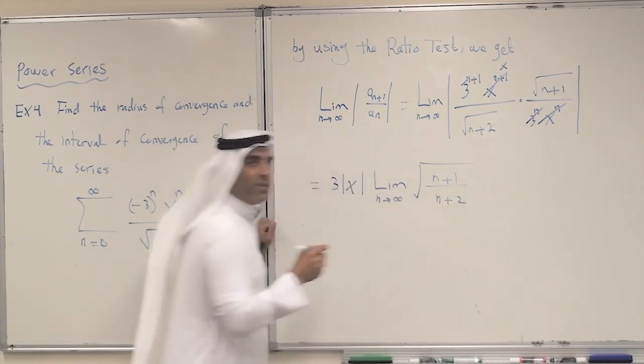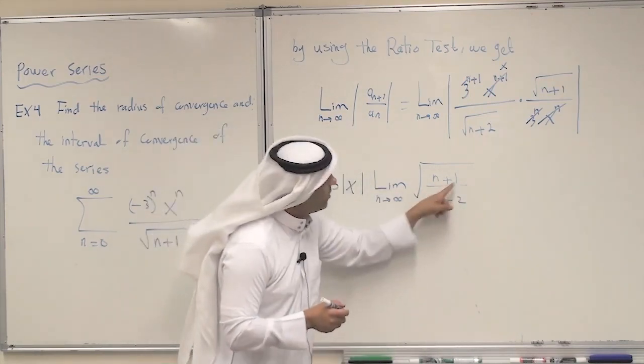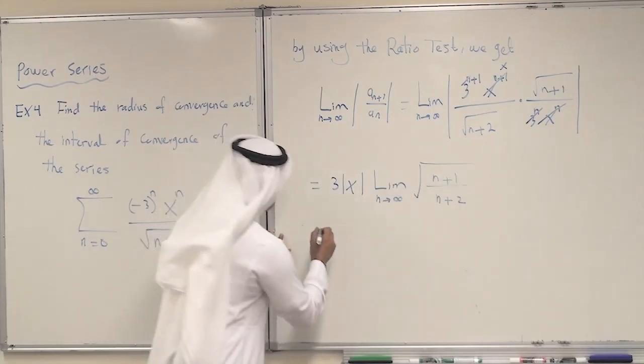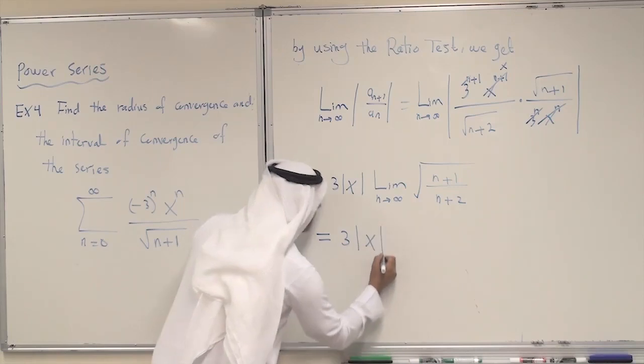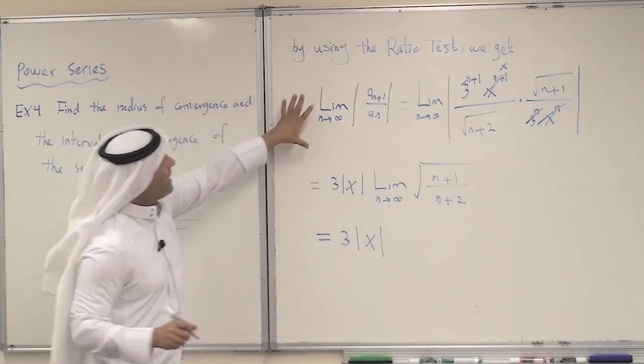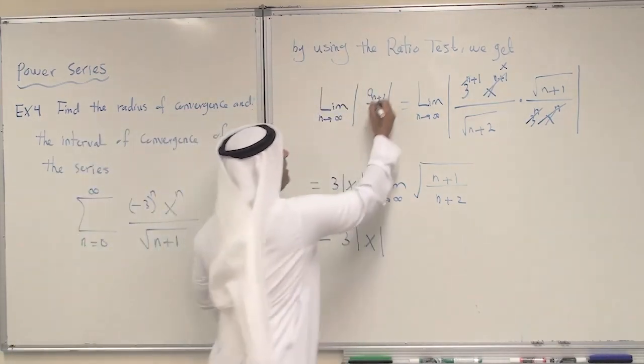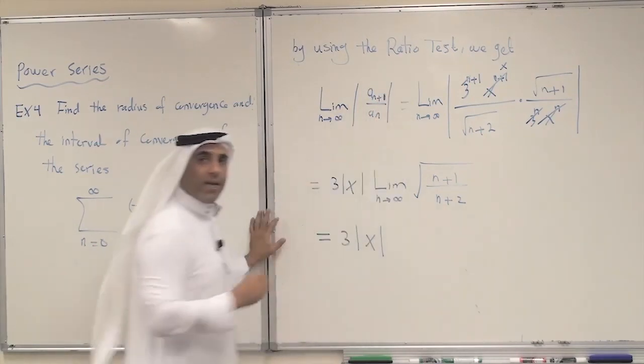Now as n goes to infinity, clearly this goes to 1, and radical 1 is 1. So the final answer is 3 absolute value of x. Okay, that is exactly the limit of a n plus 1 divided by a n.